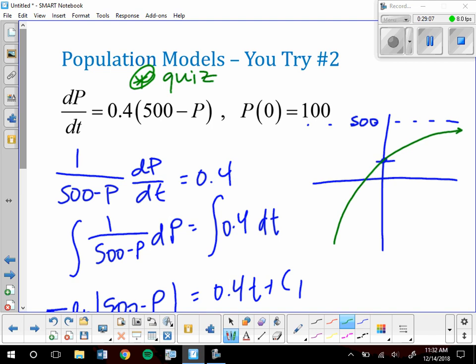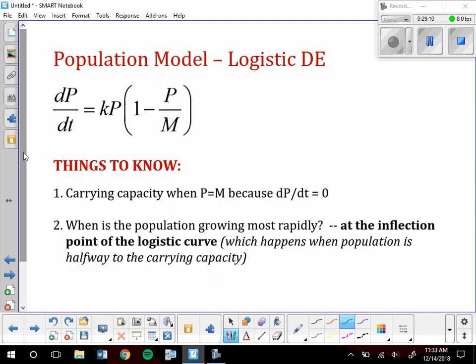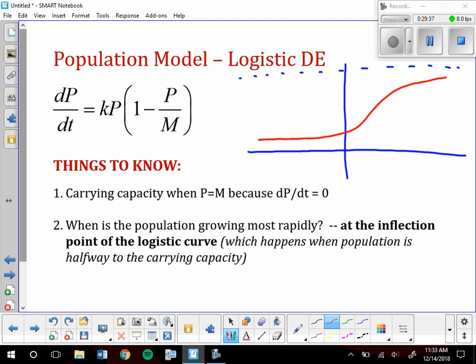Which leads us to our most robust population model, which is a logistic differential equation. You've probably talked about this curve in a science class. But most population models are best described by a logistic differential equation, which looks something like this, what we call an S curve.